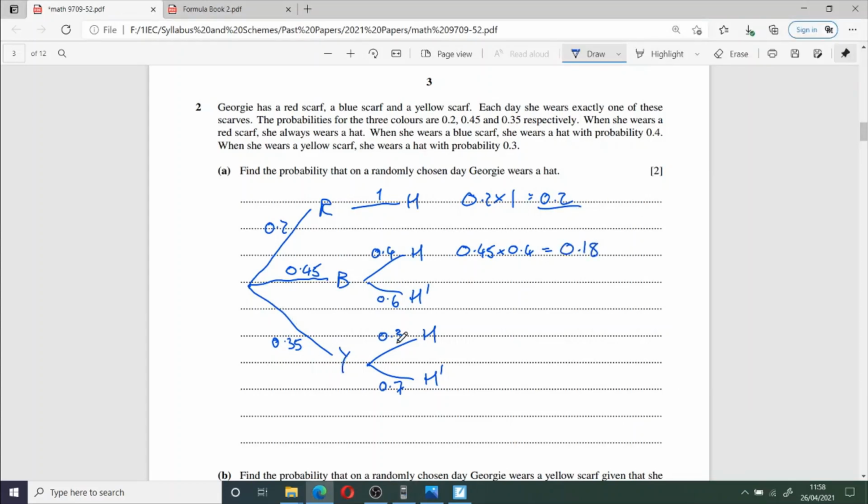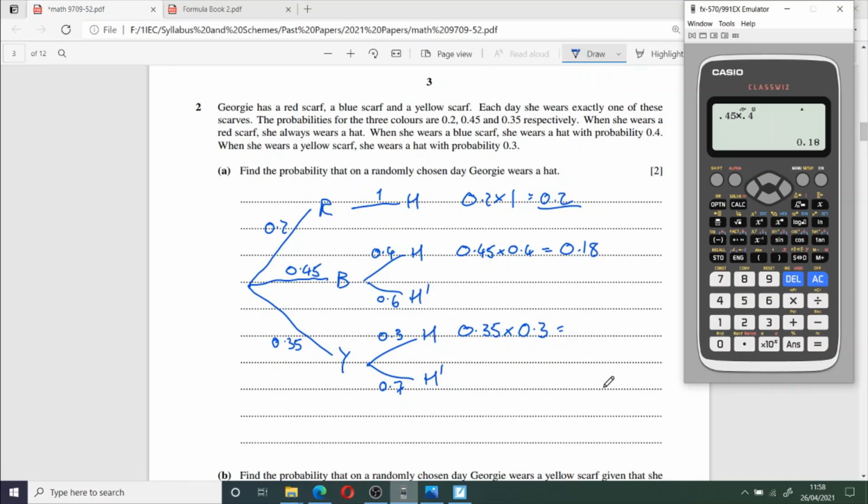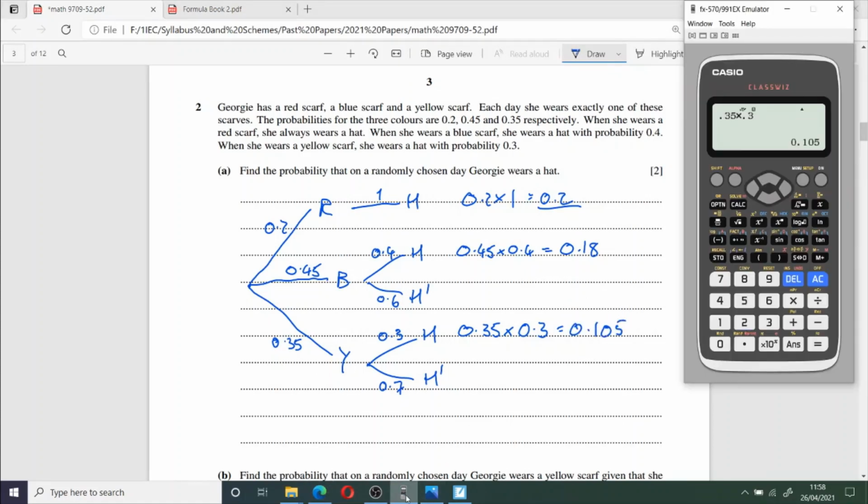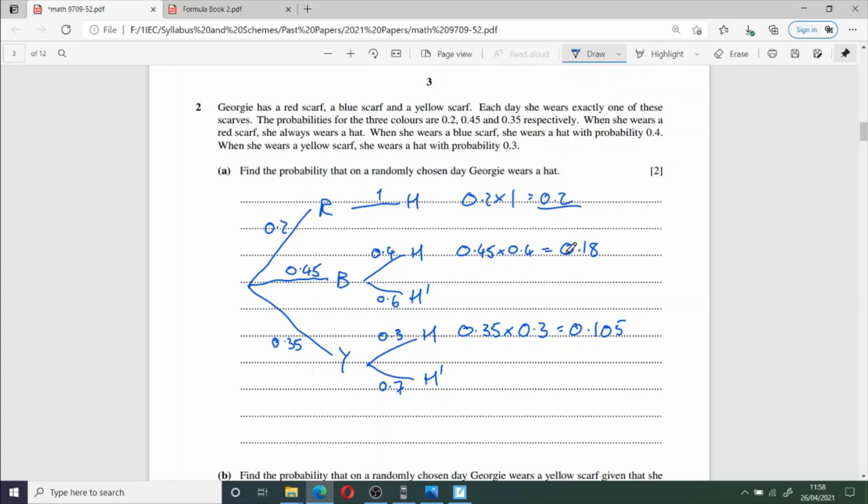And we have 0.35 times 0.3, so 0.105. And then we're going to add these up, so we multiply along the branches, add between them, so 0.38, 0.485.